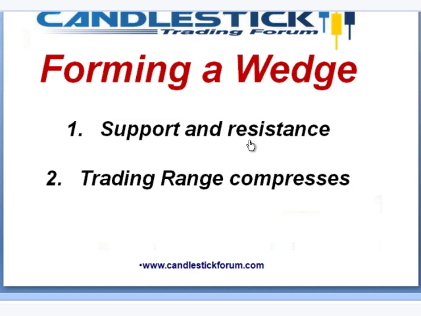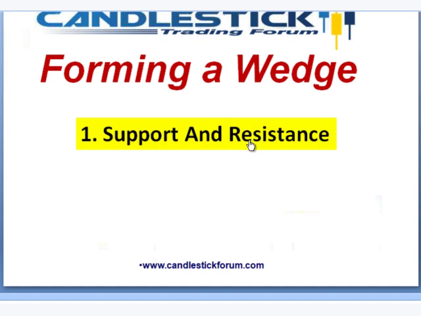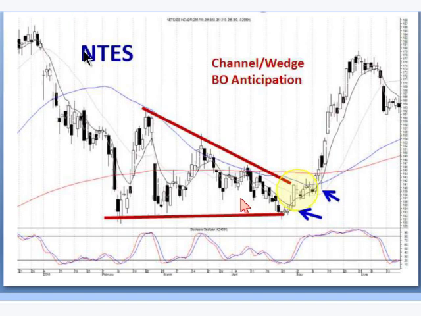Okay. So wedge formations allow us to prepare because we're going to be able to see the support and resistance level, and we can see a trading range that's compressing. The visuals allow us to see much more accurately when a wedge formation is compressing to the point where, without the wedge formation, we can see buy signals occurring here.